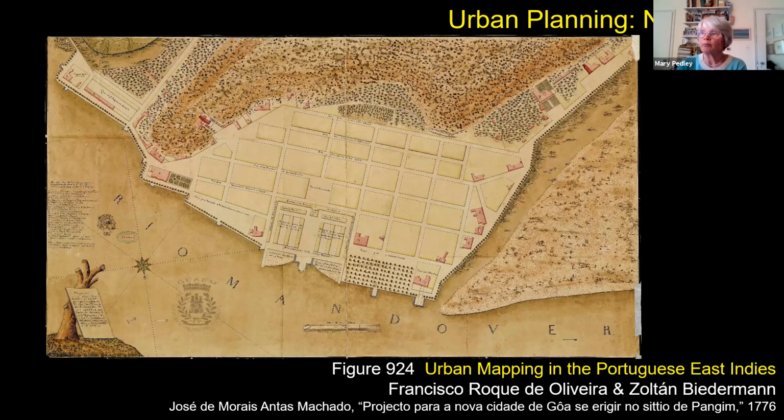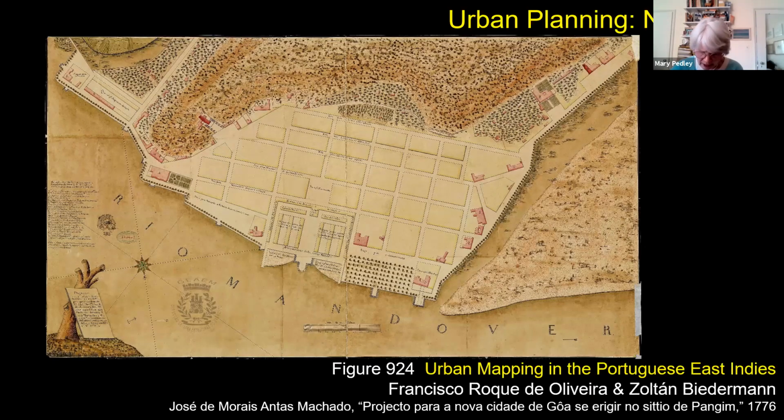The outline of the plan for the new Goa in Pangim is very similar to plans for new towns in British and French North America, the same kind of grid pattern, the same kind of geometric shape for planning new towns.